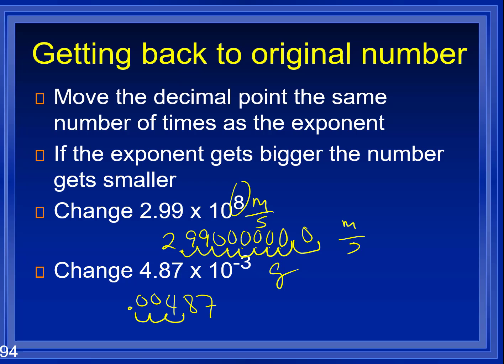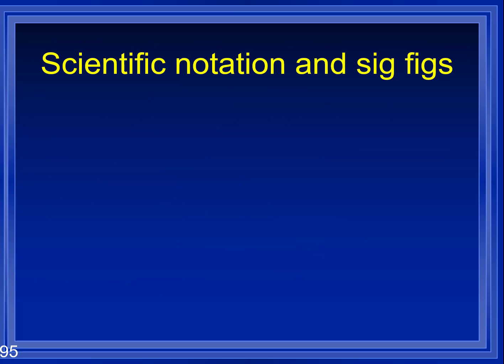Okay, now let's tie old knowledge with new knowledge. Scientific notation and sig figs fit together really nicely. So you saw a few examples when you counted the sig figs for Friday. There were a couple examples of scientific notation. Confused a couple of you, not very many, but most of you figured it out.